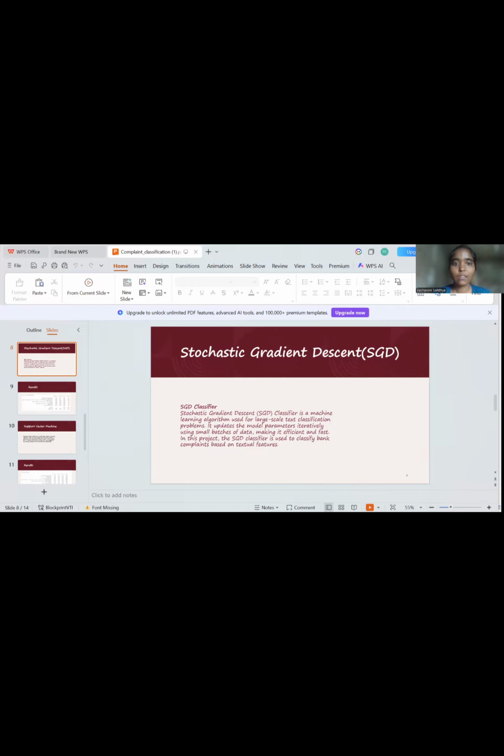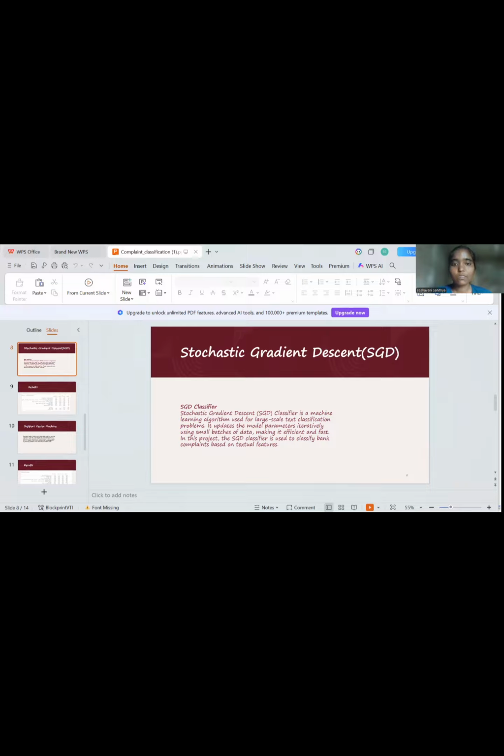I am Sahitya and I used the SGD model for my project. SGD stands for Stochastic Gradient Descent. It is a machine learning model used to train classification models efficiently. It works by updating model parameters step by step using individual data points instead of the entire data set.